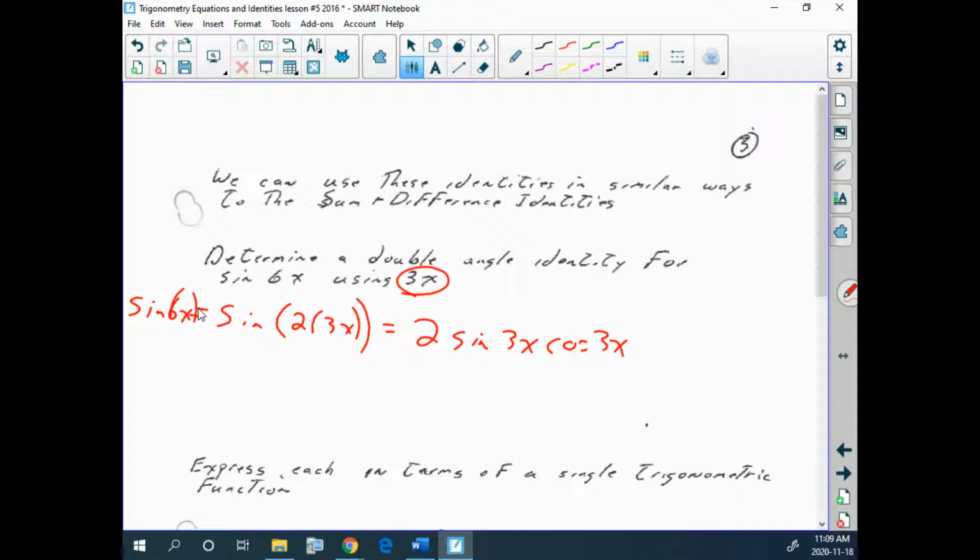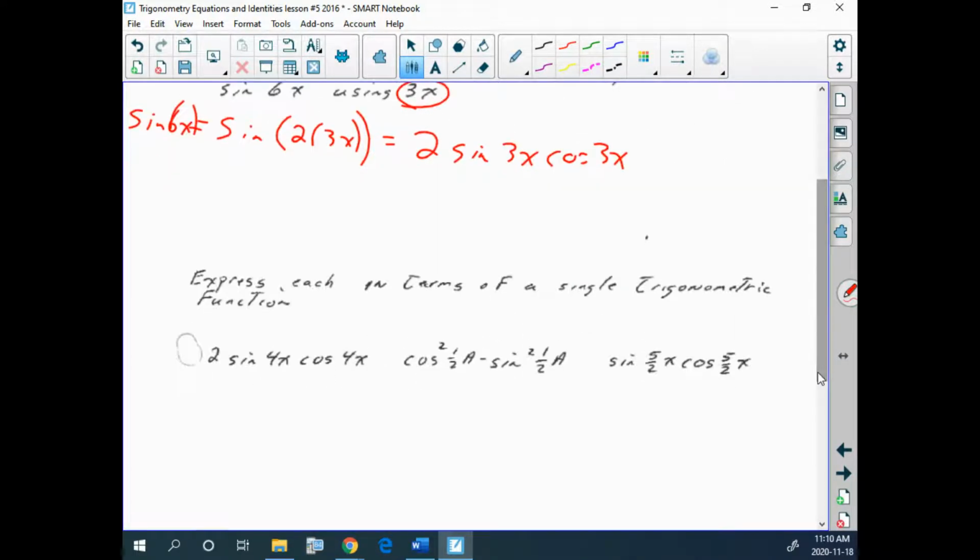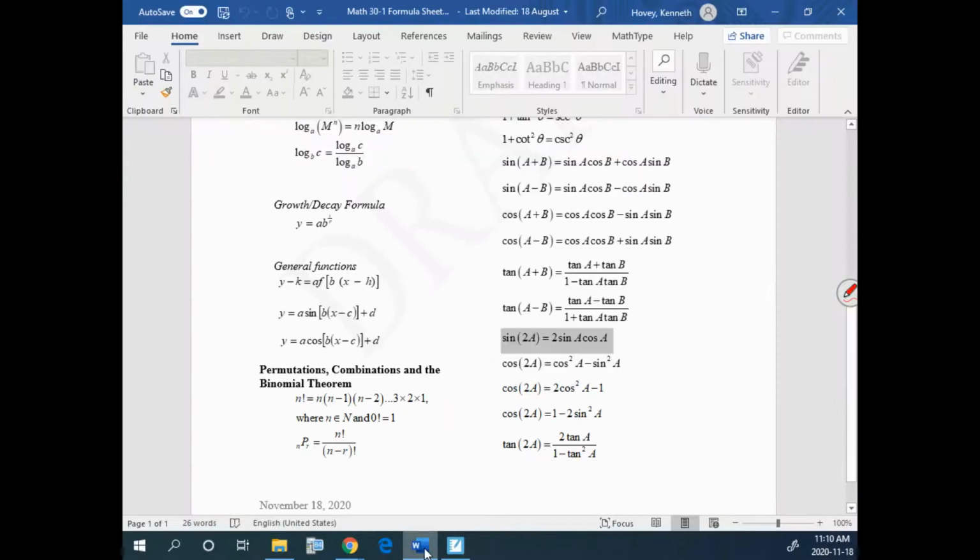So most often we're going to go backwards. Okay, for example, with the question below: 2 sine 4x cos 4x. Well, 2 times sine of an angle, cosine of an angle. So this can be reduced to sine of 2 times that angle.